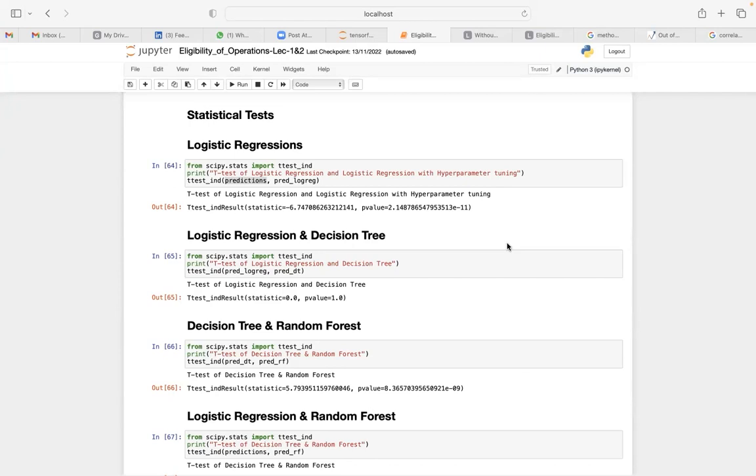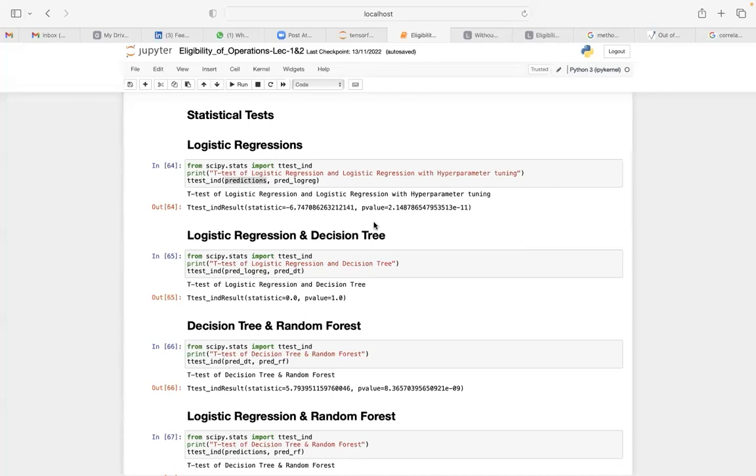But again, it's a strong indication. It does not tell you the whole story. Okay, but you can perform these tests to prove a point if somebody asks whether it was important to perform the decision tree, random forest, logistic regression, or you're getting the same result.